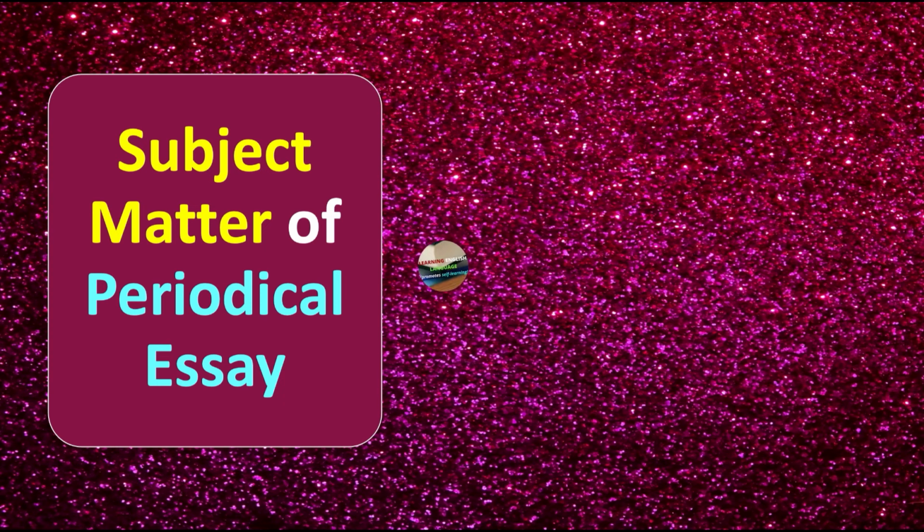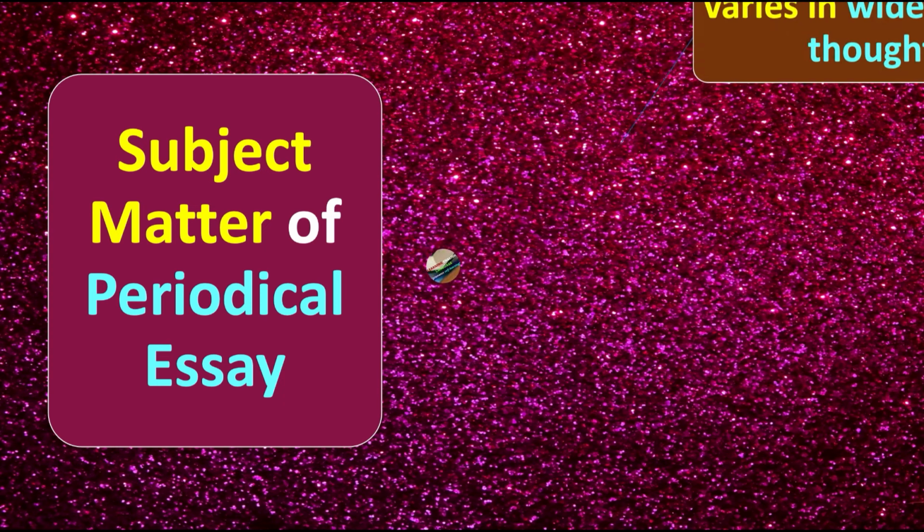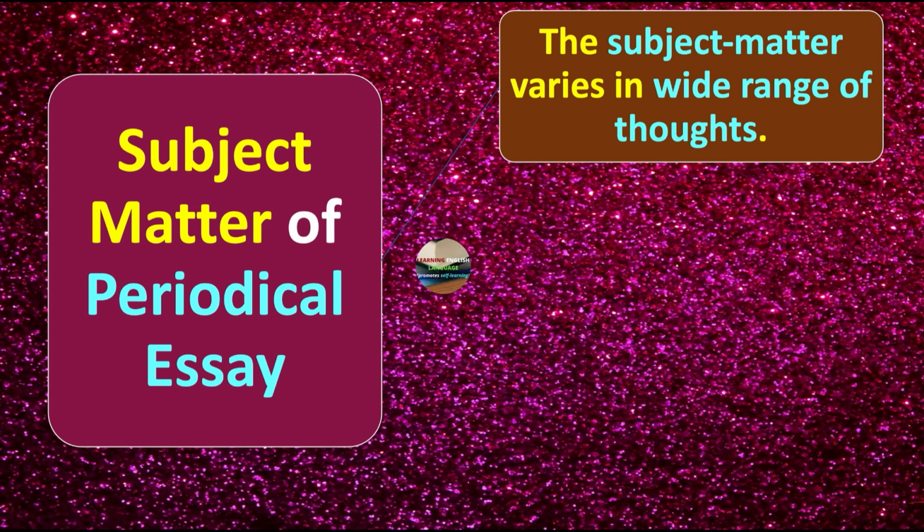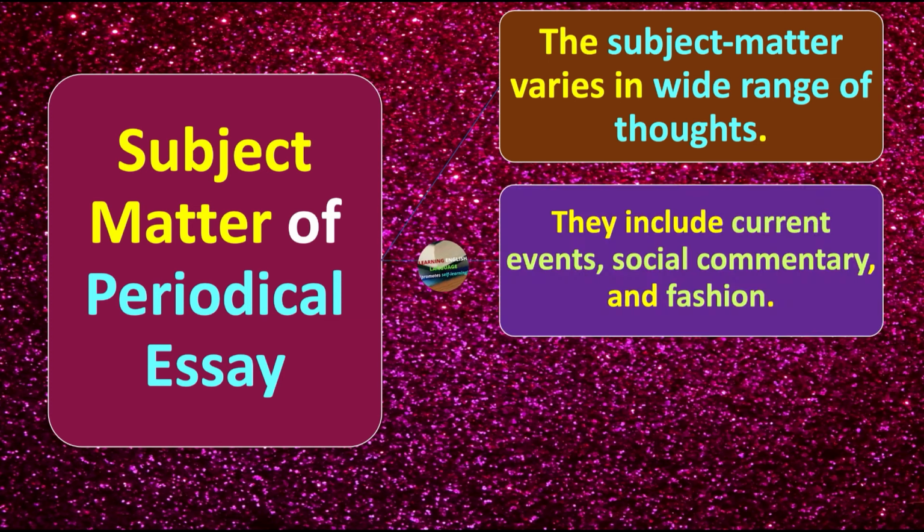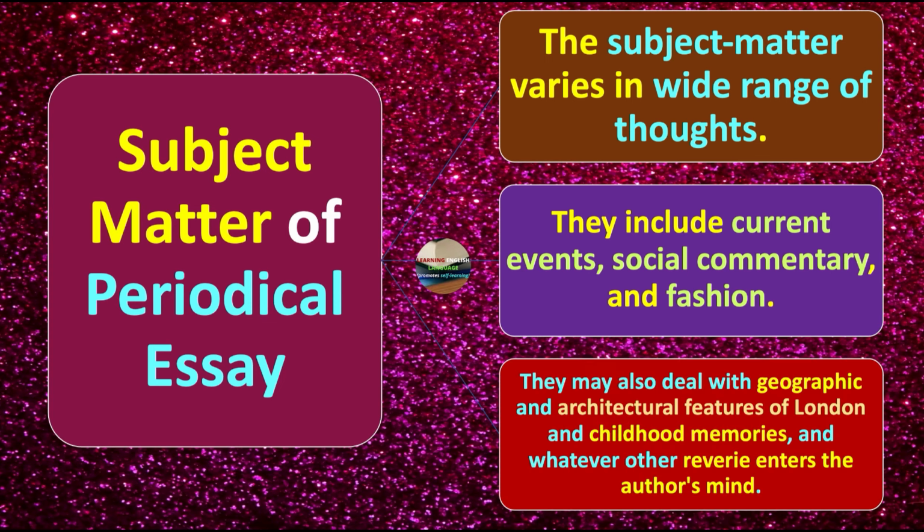Subject matter of the periodical essay. What is the content of the periodical essay? The first one is that the subject matter varies in a wide range of thoughts. They include current events, social commentary, and fashion. We have some more ideas. They may also deal with geographic and architectural features of London, childhood memories, and whatever other reverie enters the author's mind.